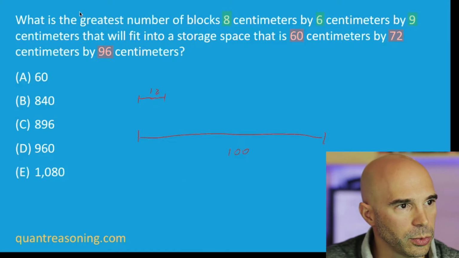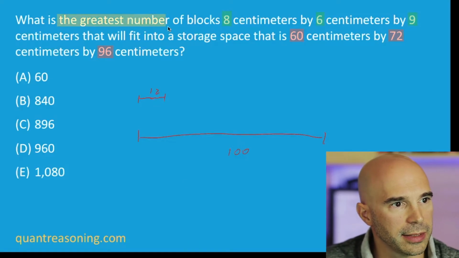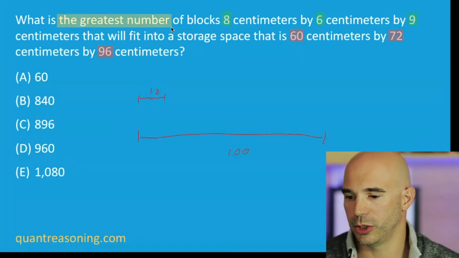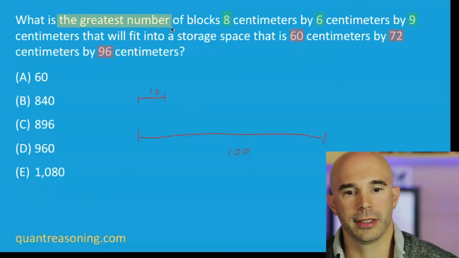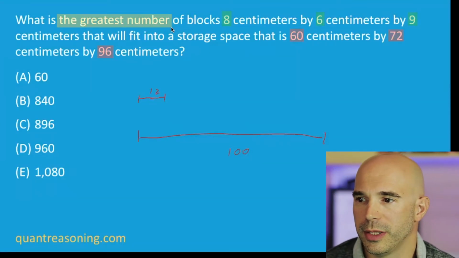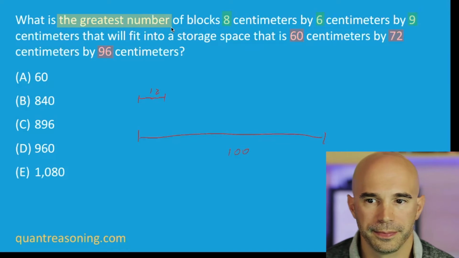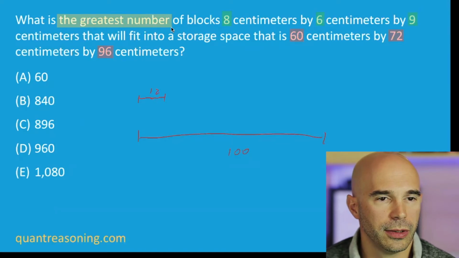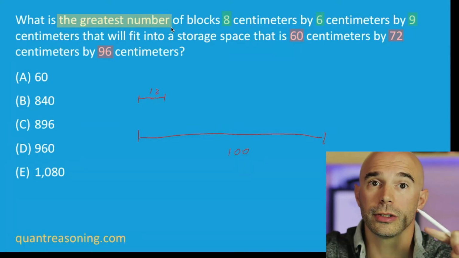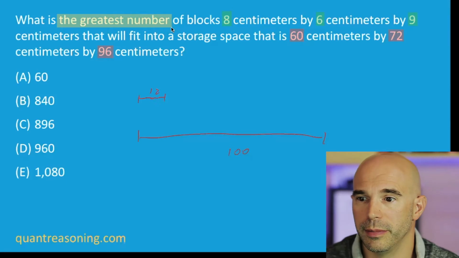And that's an important word here. We're trying to maximize. This is an optimization question, which I solved a lot of in my undergrad because I'm an industrial engineer. It was all about operations management and optimization. So you want to try to maximize the answer by being clever about which dimension goes with which dimension.